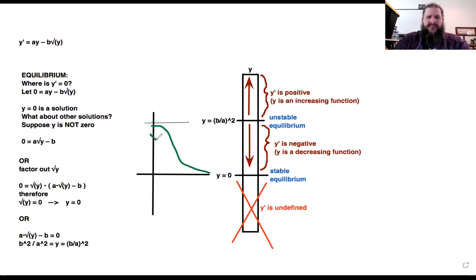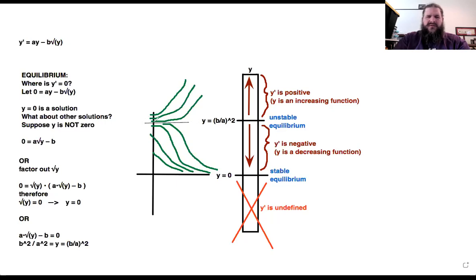So we're going to have solution curves that probably look something like this. And then above, we're going to have solution curves diverging away. So just based on this phase line, I would expect the solutions to look like this.